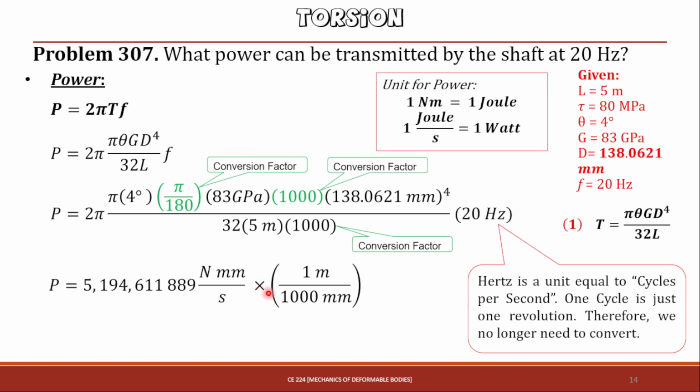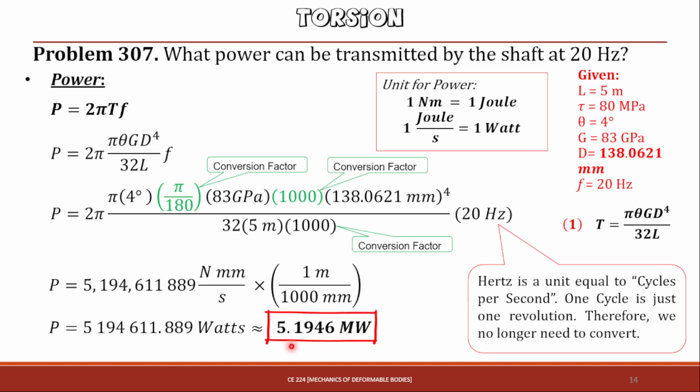So, kaya naglagay tayo ng conversion factor dito na 1 meter all over 1,000 millimeter para mag-cancel out si millimeter. So, makukuha natin yung sagot na 5,194,611.889 watts. And that is just equal to 5.1946 megawatts. So, this will now be our answer for part 2 ng problem 307.